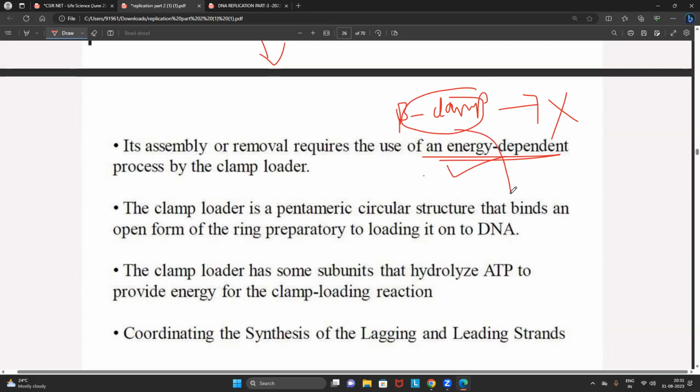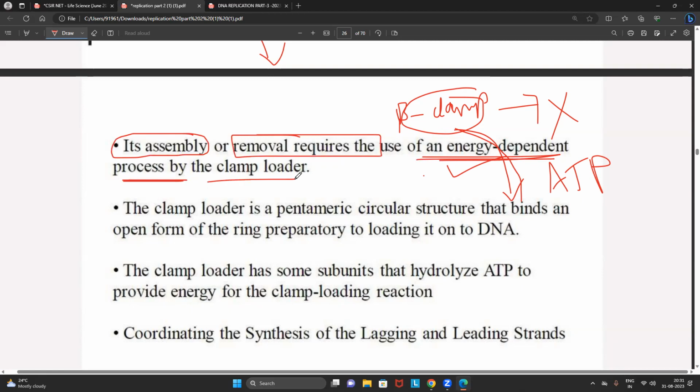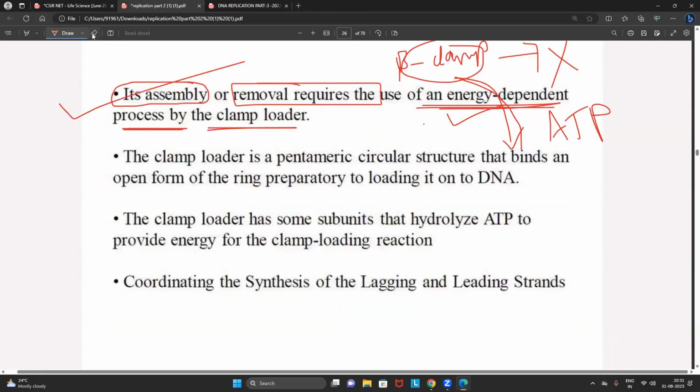And if the beta clamp wants to be dissociated, if the beta clamp wants to come down, again there is a requirement of ATP. That's why we have given a statement that its assembly or removal requires the use of an energy dependent process by the clamp loader. Please don't get confused with that particular point.